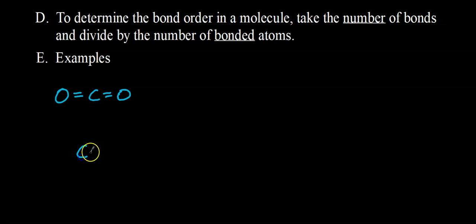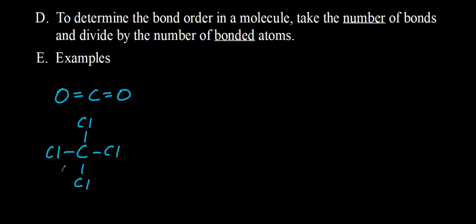Let's take a look at the Lewis structure for carbon tetrachloride. I know I'm leaving off the lone pairs of electrons. I'm just focusing on the bonds here. Bond order in carbon tetrachloride: we have 4 bonds divided by 4 bonded atoms. The bond order is 1.